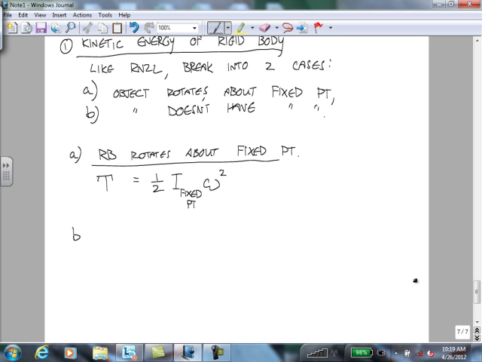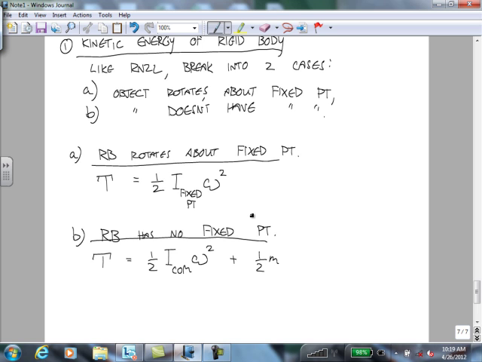In the second case, if the rigid body has no fixed point, then the kinetic energy of the object is equal to 1/2 times the moment of inertia about the center of mass times the body's angular velocity squared, plus 1/2 times the object's mass times the velocity of the center of mass squared.